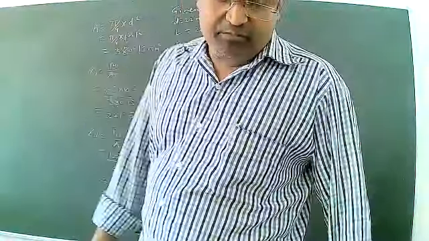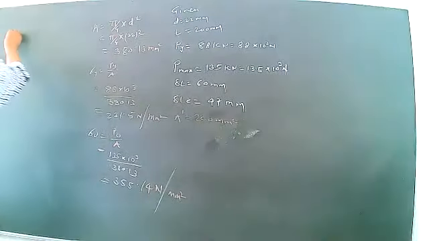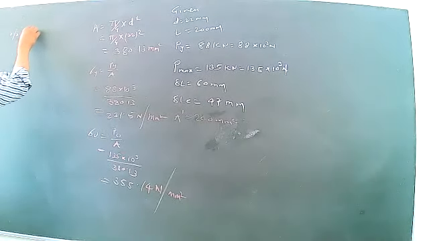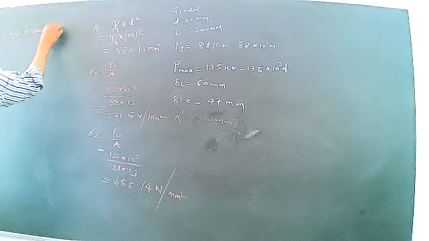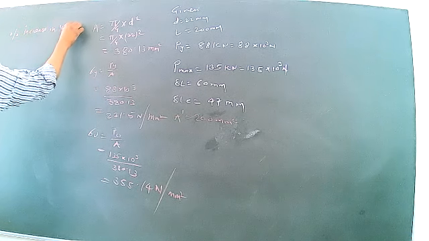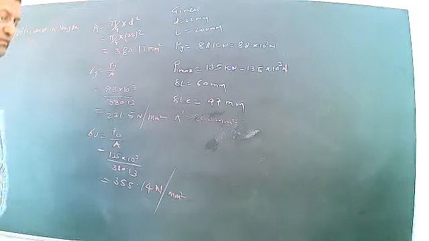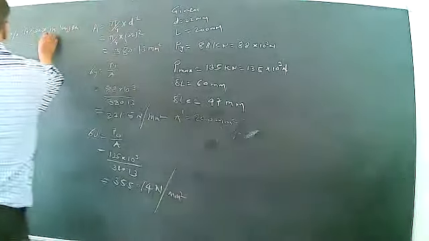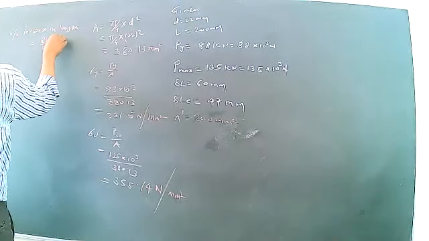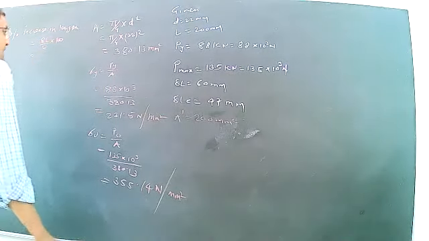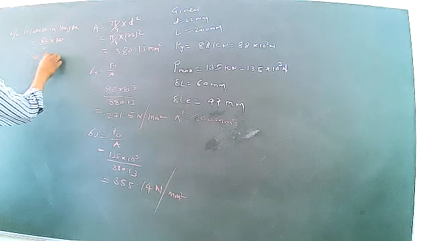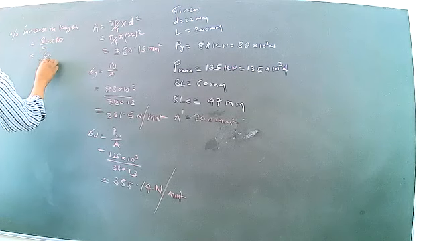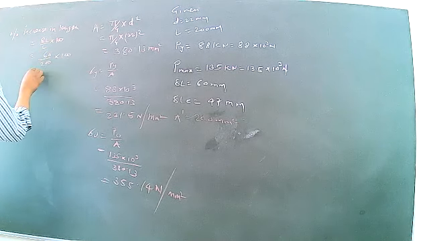Then here, percentage increase in length. How to calculate percentage increase in length? Very simple formula: change in length to original length into 100. Delta L is given, 60, divided by L is given, 200, into 100.